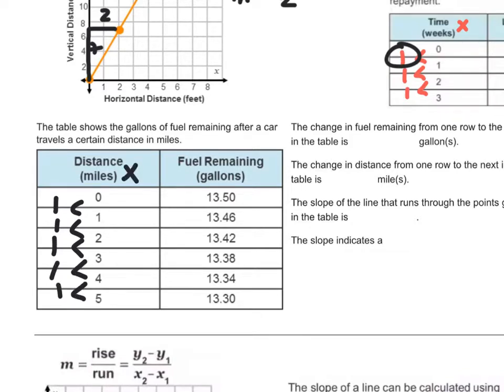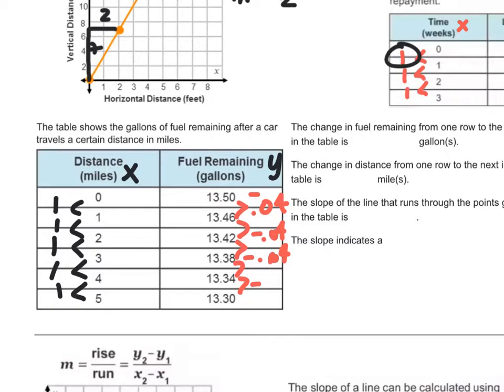And then the fuel remaining in gallons is a y value. This decreases by a constant value of negative 0.04 gallons.